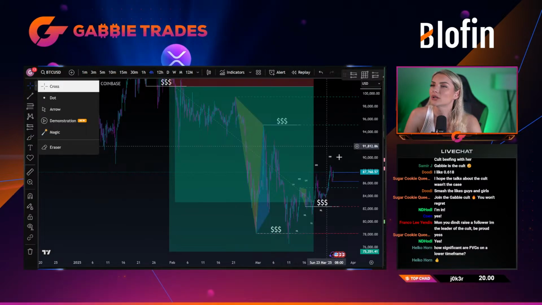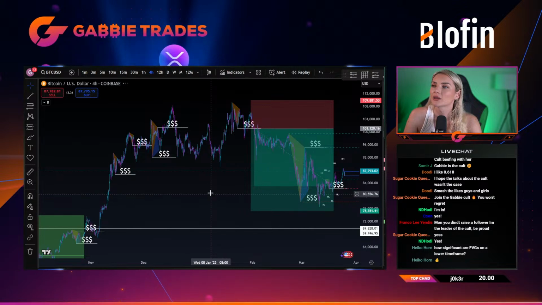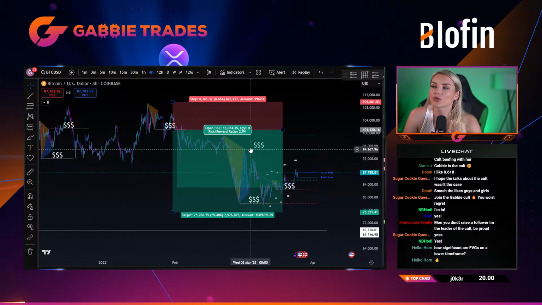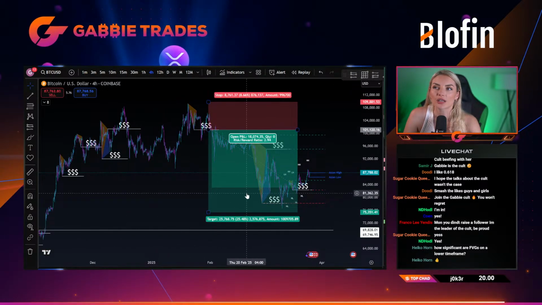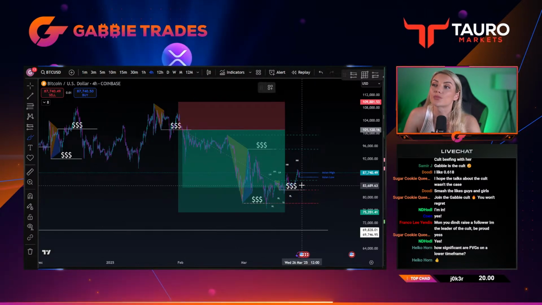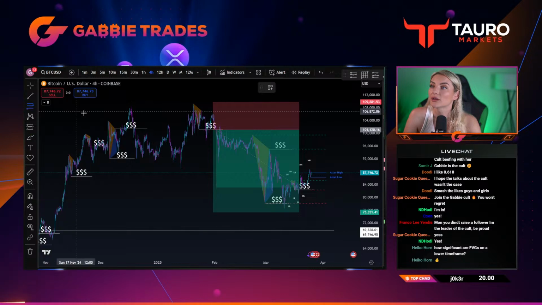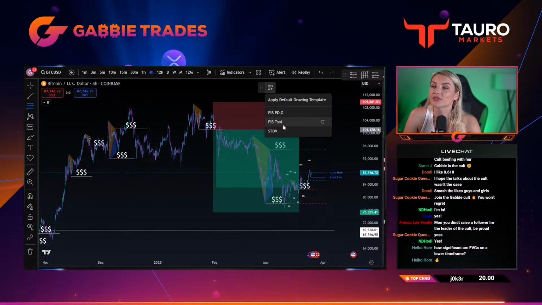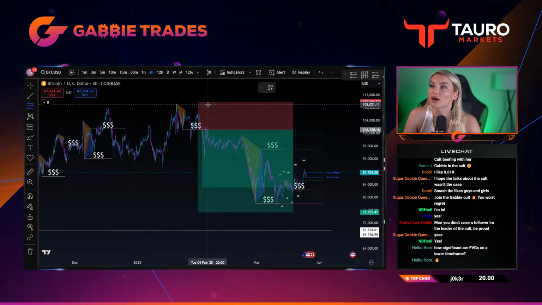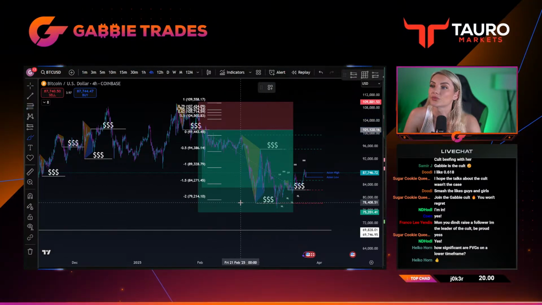Let's have a look on the clean chart on the 4-hour. Okay. So imagine you caught this beautiful trade and you find yourself down here. What are you going to do? You should have closed profits as soon as the standard deviation reached a peak of 2 here.